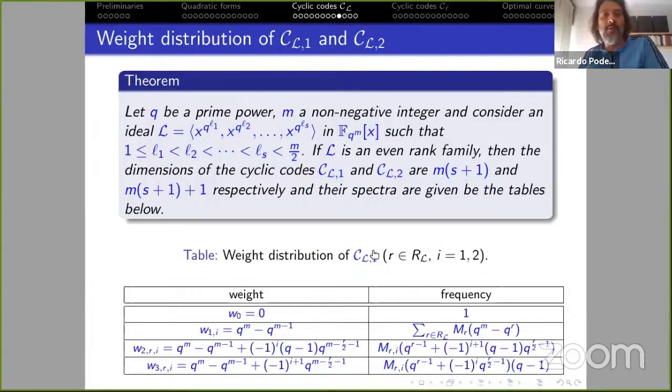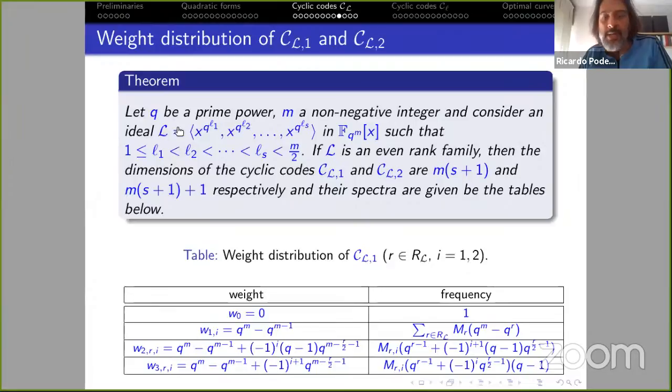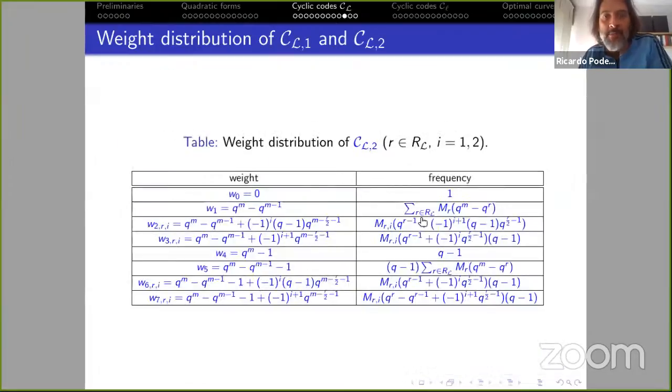This is for the first code, and for the second code, we have even more possible weights, depending on the family L, which is very general. If you fix an L, perhaps you can compute this expression explicitly. Okay, this is explicit, more or less, because you don't know which are the possible R's. So we have a general expression, but it is not explicit.